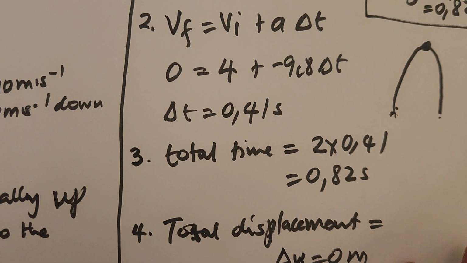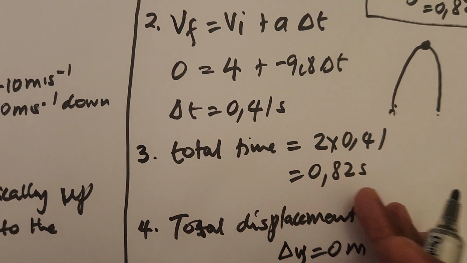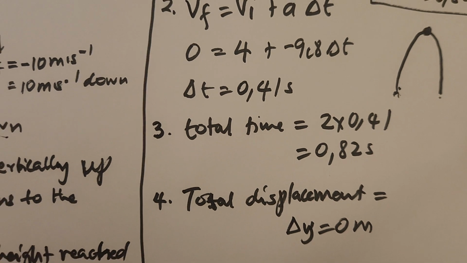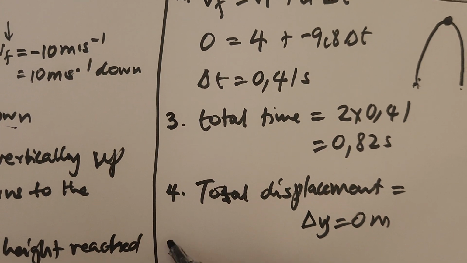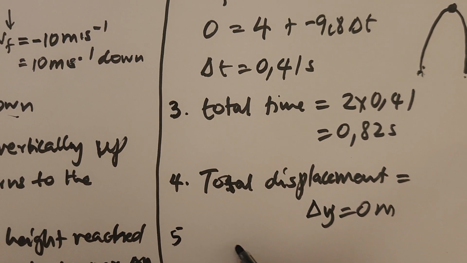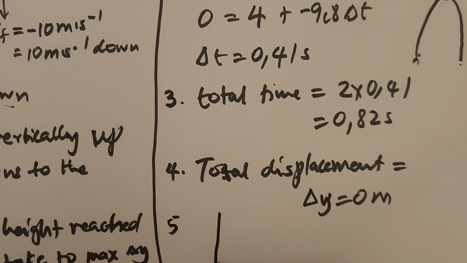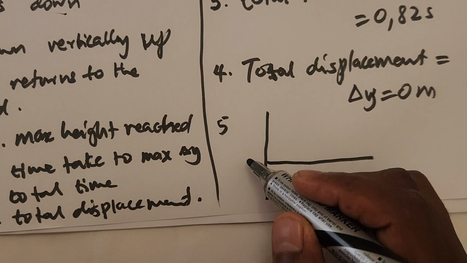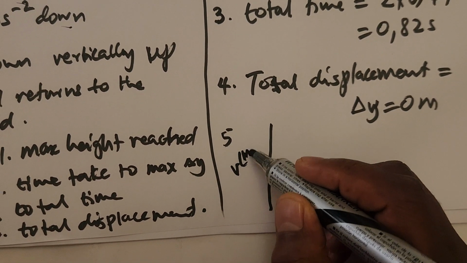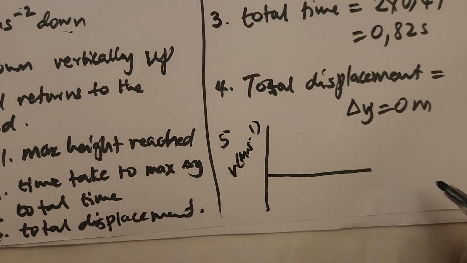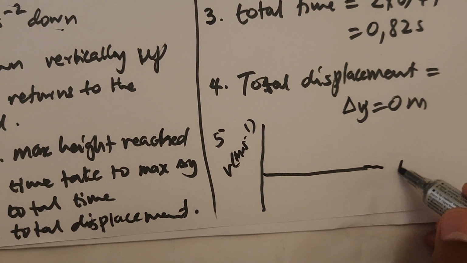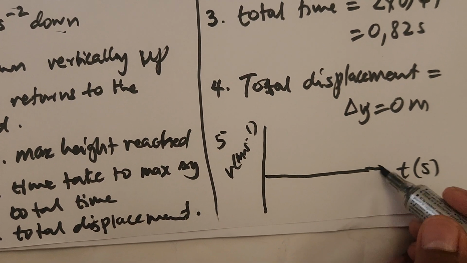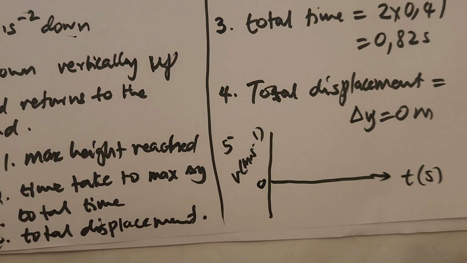Otherwise, you can expect another question of, say, draw a velocity time graph for this motion. In this case, it was not asked. If it's asked, then the velocity time graph, remember in this case, it should have two sides. This will be your velocity in meters per second, and then time, don't forget the units always in brackets, and then 0 will be here.